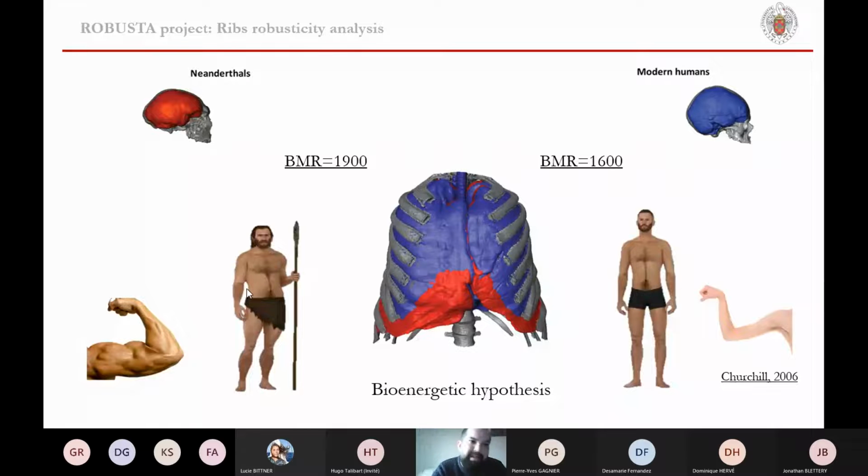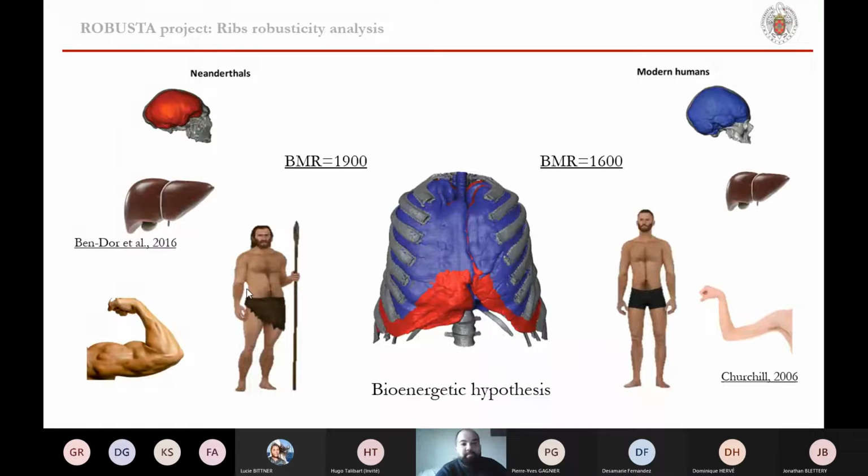Neanderthal muscle mass was hypothetically larger than in modern humans, and these two tissues, the brain and the muscles, consume a lot of energy. So this is why hypothetically the rib cage should be larger, wider, and more efficient than in modern humans.